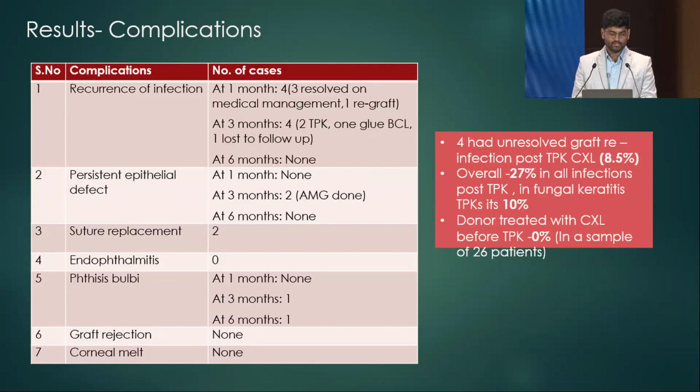Regarding complications, we found recurrence of infection at 1 month in 4 patients among the donor corneas treated with therapeutic PK without CXL, while those treated with CXL after therapeutic PK had no unresolved graft infection.